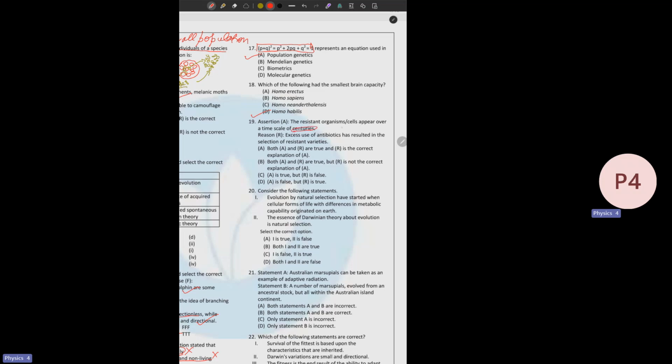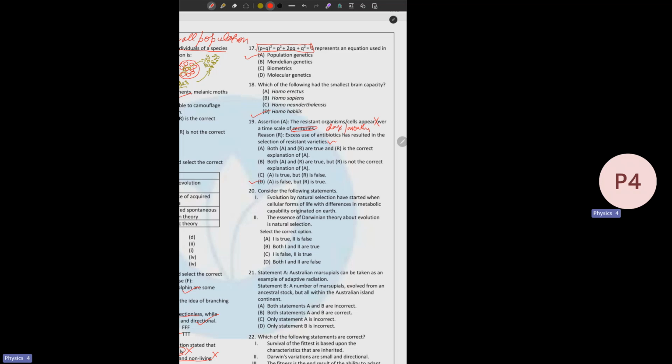Because it will occur in days or months. So this statement is wrong. Excess use of antibiotics has resulted in the selection of resistant varieties. It is correct. So here the correct answer is A is false, but R is true.